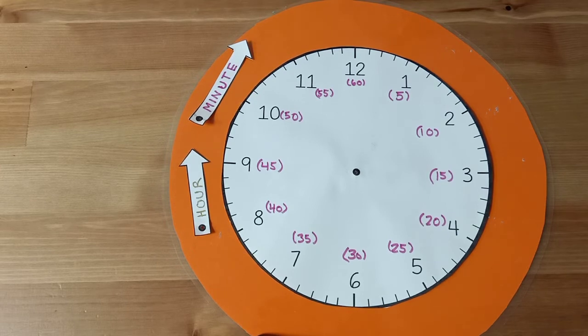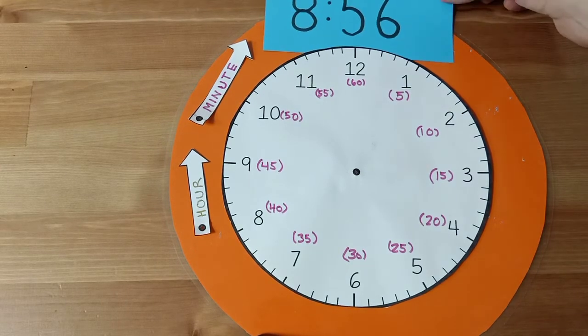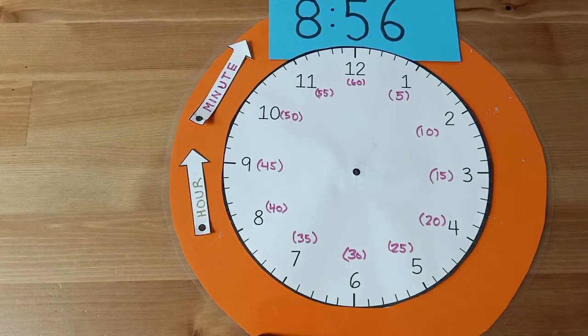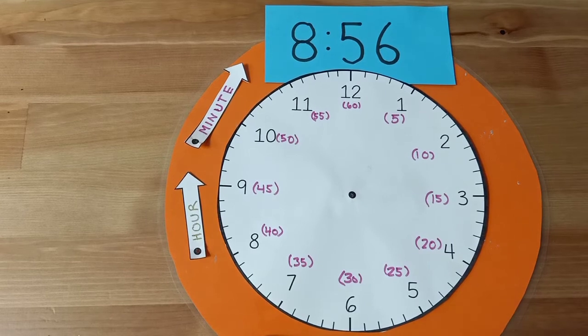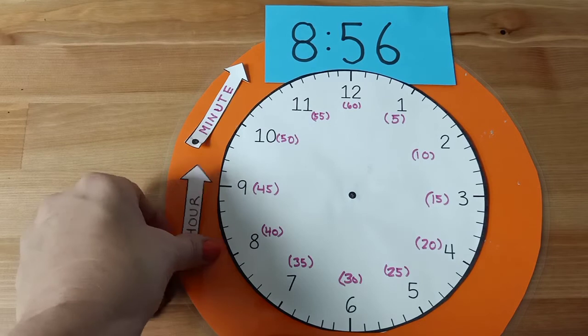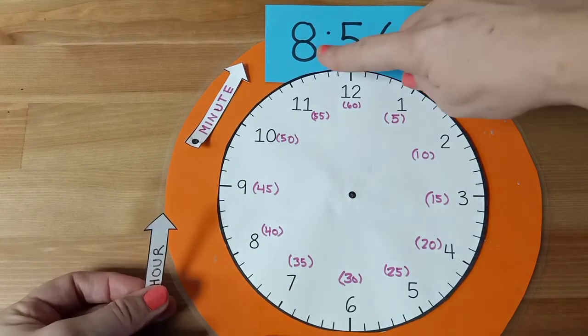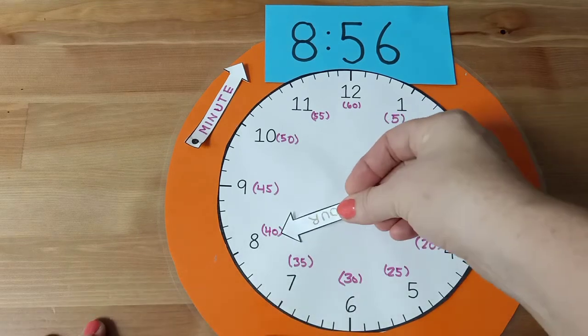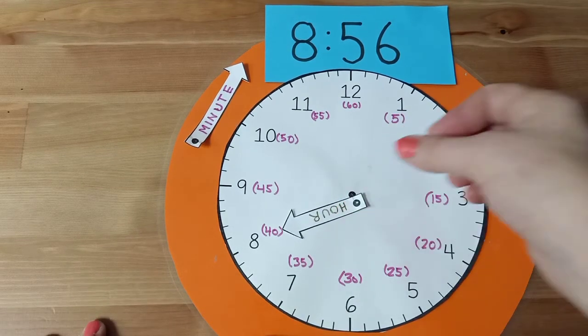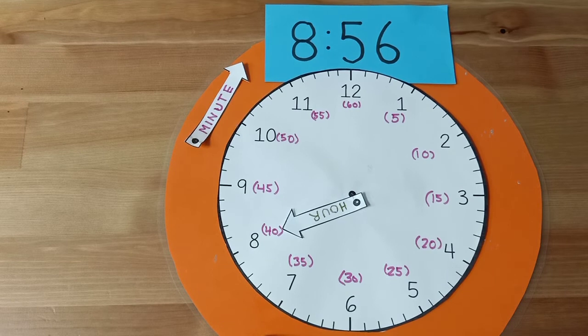So let's try to take a digital time that goes to the exact minute of 8:56. Now that could be AM or PM. And we are going to make it on the clock. So this time we're going to start with our hour hand, and because it shows us that the hour is 8, we are going to put it on the 8 like that.